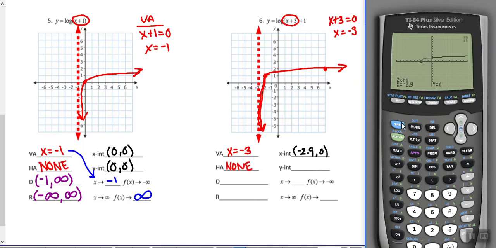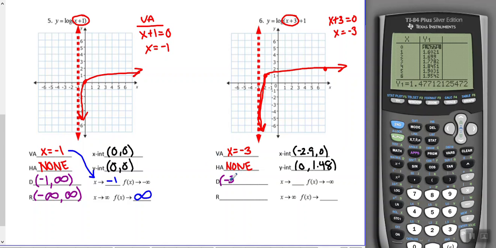Remember, my y-intercept I get from my table, so second graph, when x is 0, we are going to round this and we're going to say 1.48. So x is 0, y is 1.48. Domain, the farthest left I can go is -3, comma, the farthest right I can go is infinity. Range, the farthest down I can go is -infinity.